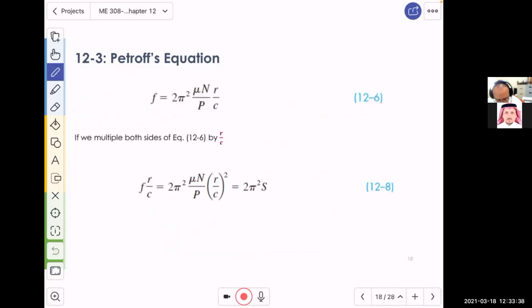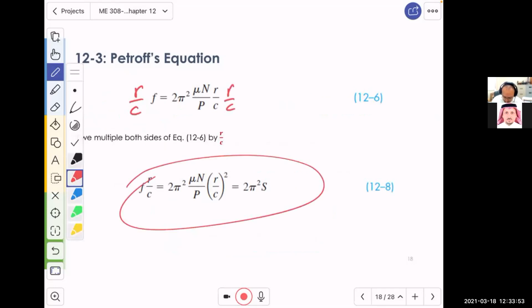Now, if we multiply this equation by R over C, we will get this relation, which, by the way, is the same as this one. So you can see here, the characteristic number coming up again, which is equal to F R over C. All of them are very important numbers.